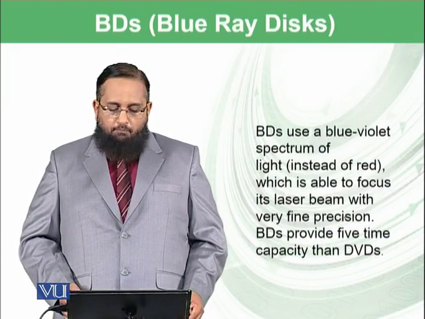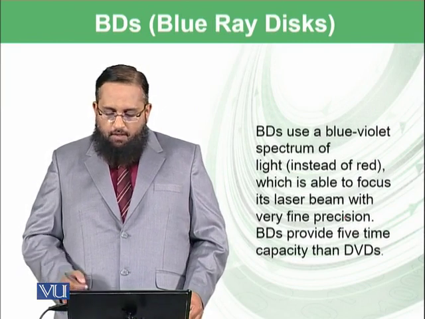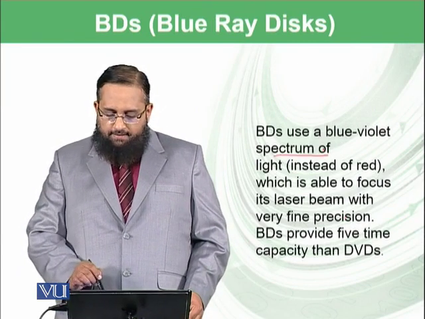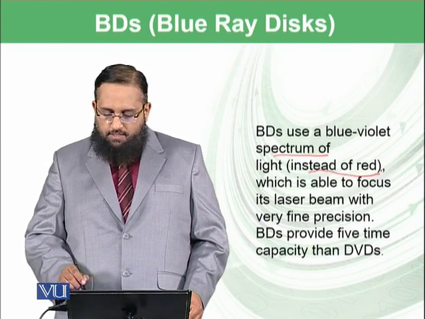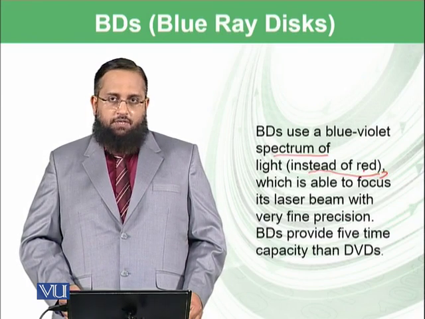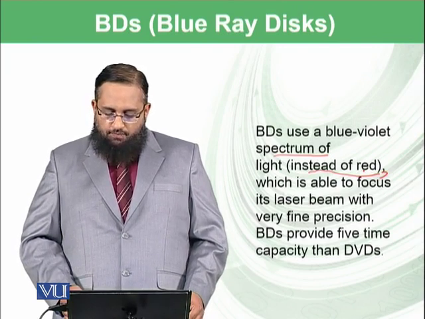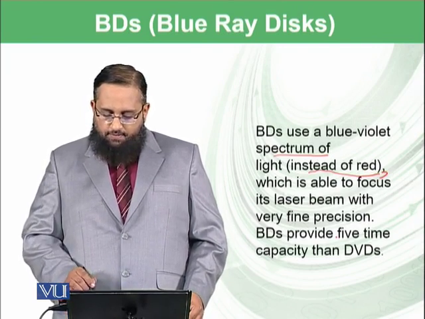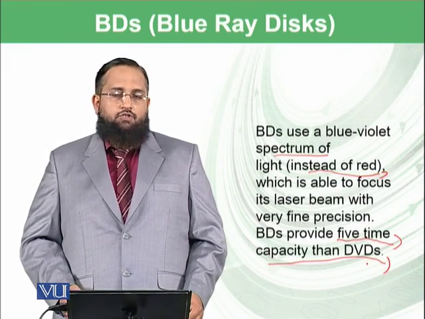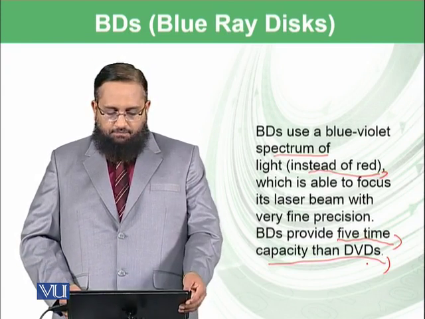And then there is the Blu-ray disc, known as BD. BDs use a blue-violet spectrum of light instead of the red used in CDs and DVDs, which is able to focus its laser beam with very fine precision. So the data quality is outstanding, and it also provides 5 times the capacity of DVDs, so you can store more GBs of data on BDs.